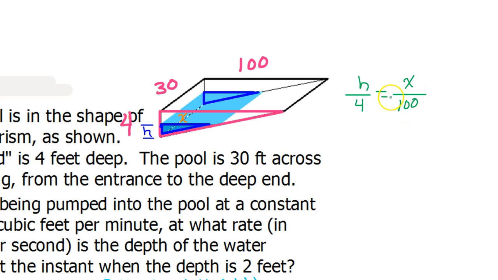We want to substitute for x, so we need to get x by itself so we can substitute that expression back in. Multiplying both sides by 100, we would have 100h over 4 is equal to x. But 100 divided by 4 is 25. So that's 25h is equal to x.